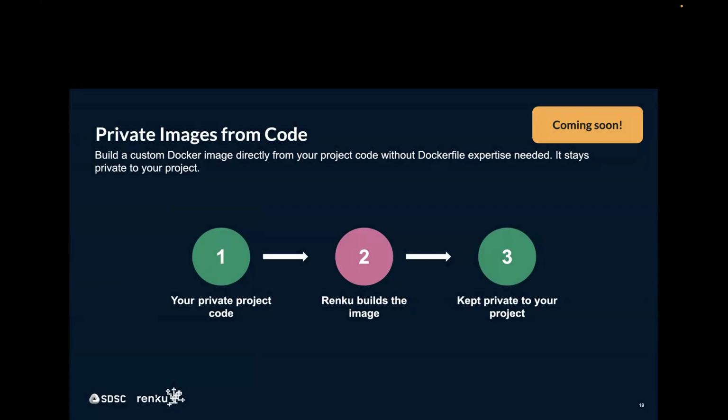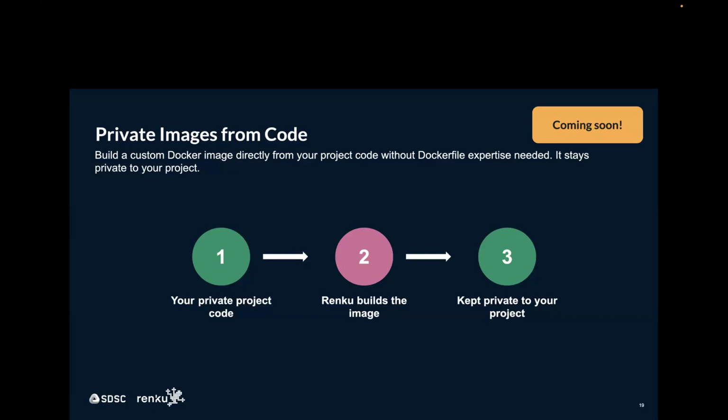So that's why we heavily suggest our users to use the build from code. You just need to specify your environment YAML or your project YAML or your requirements TXT or the equivalent for R. And basically, Renku will build the container image for you based on those requirements and the UI that you select.